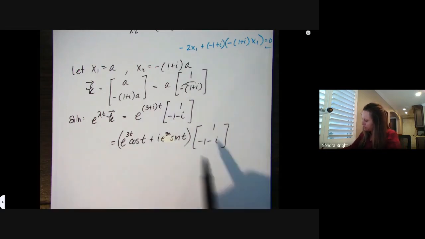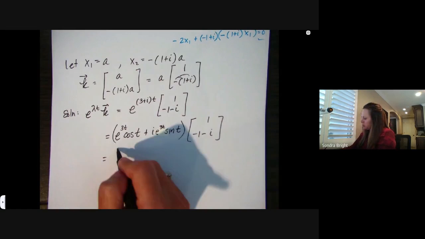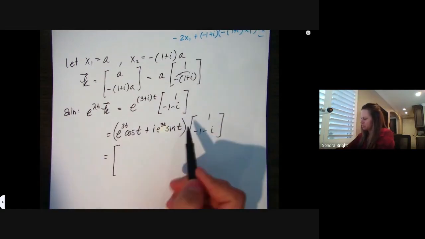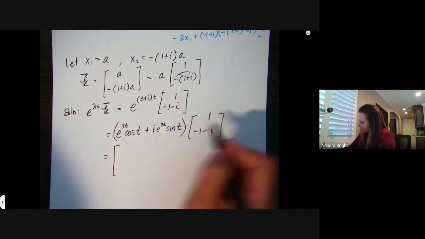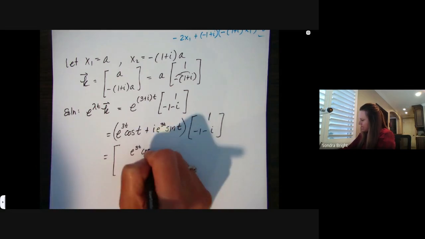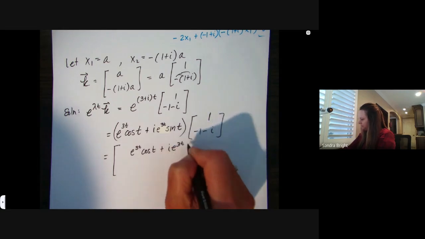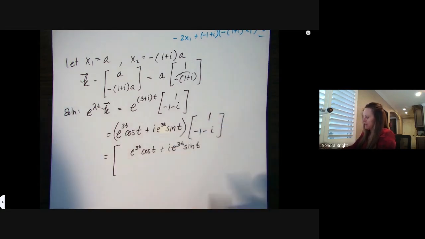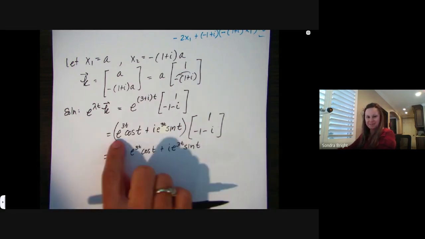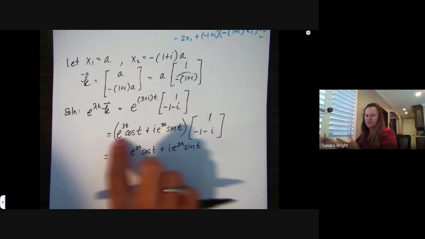All right, so what we're going to do is distribute this into both. I've still got a 2 by 1 matrix, but I'm just distributing this. The top is easy because we're just multiplying by 1, so that's e to the 3t cosine of t plus i e to the 3t sine of t. For the bottom, you take this and multiply it times negative 1, and then times negative i. It's foiling also.